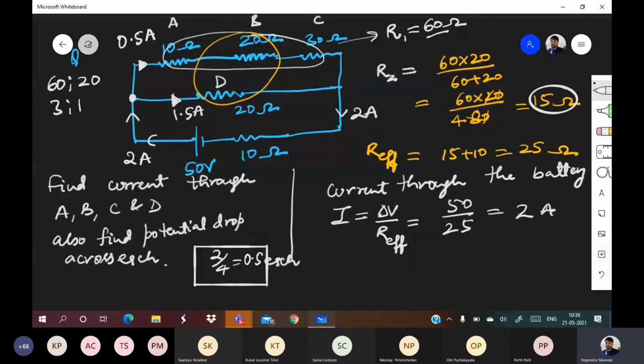That is how current will be distributed. From the upper branch in which 10, 20, 30 are connected, 0.5 ampere will go, and from the lower branch 1.5 ampere will go. So now VA, that means potential drop across A, will be IA into RA.